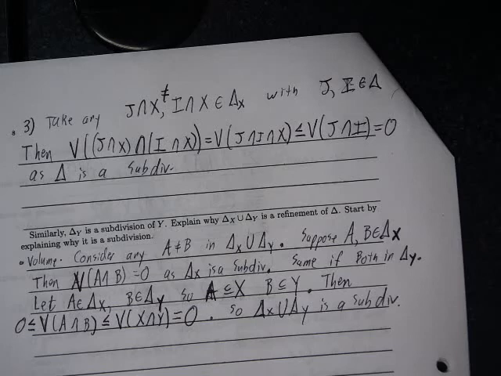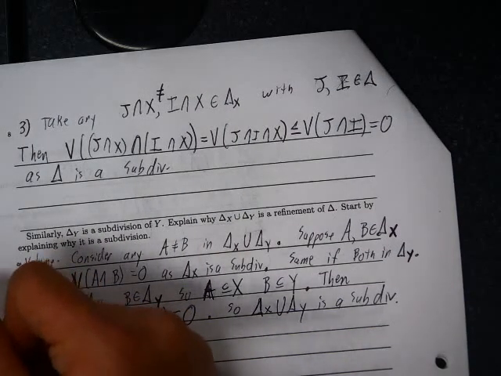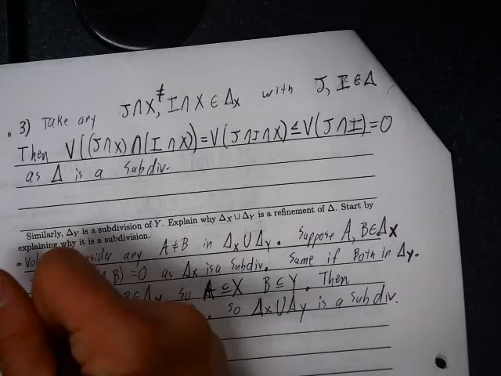And the union over all things in delta x union delta y is equal to delta. I've already checked the positivity one, because that's just what needs to be a subdivision. The union of all the things in the subdivision needs to be x union y. So let's check that it's a refinement.